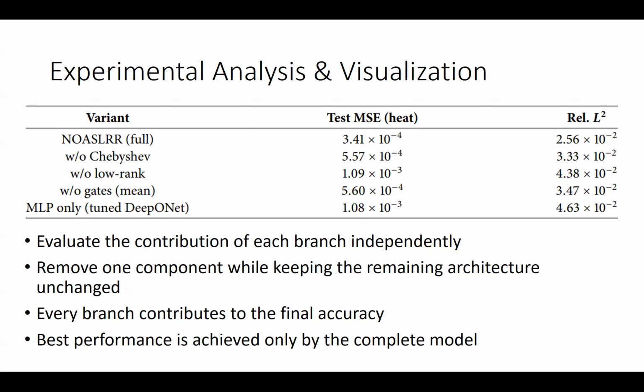And there the error was 5.06 times 10 to minus 4. And the last one is just MLP only, just the plain DeepONet. As we can see, the ablation study provides clear empirical proof that all elements must work together as a complete system.